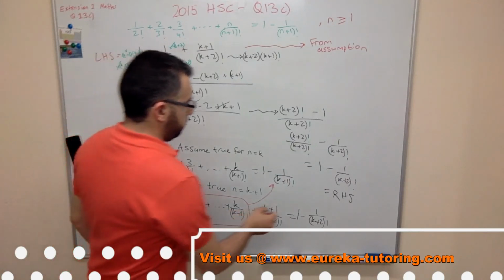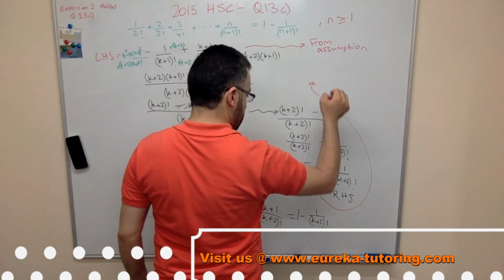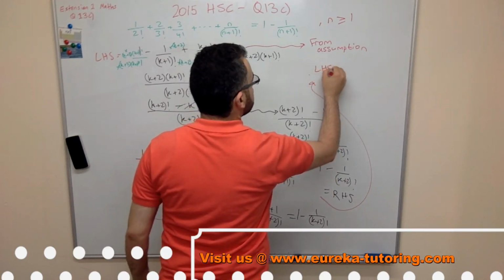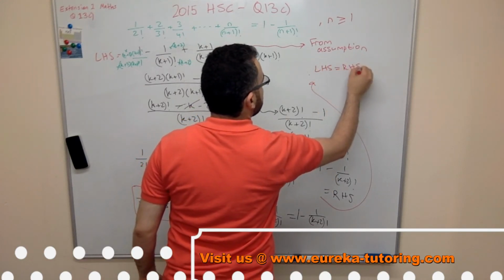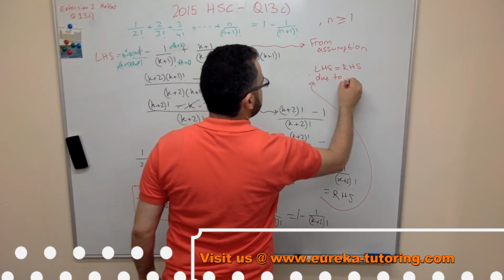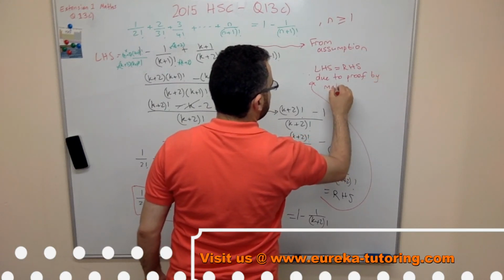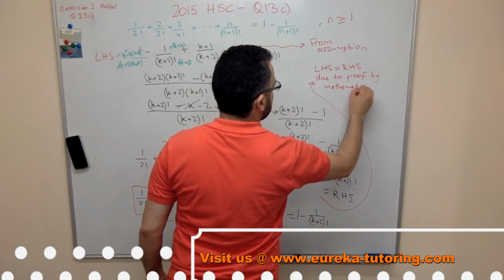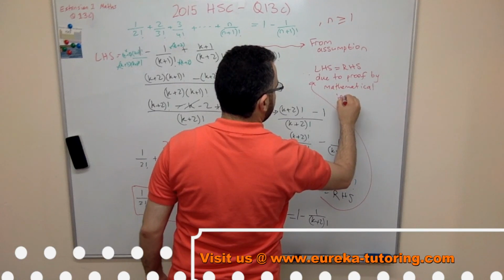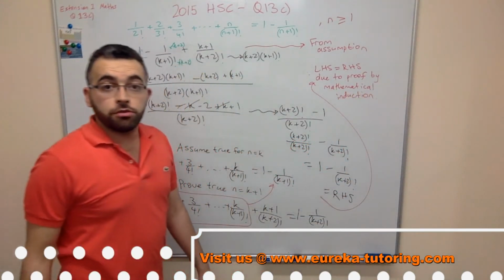Now, therefore, left-hand side equals right-hand side due to proof by mathematical induction. And there's your 3 marks right there.